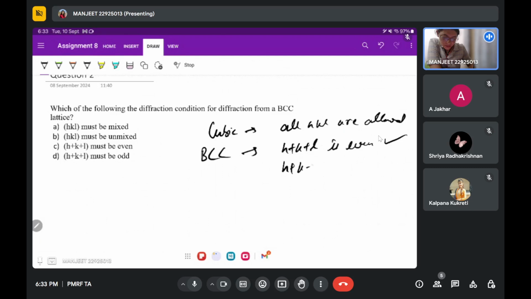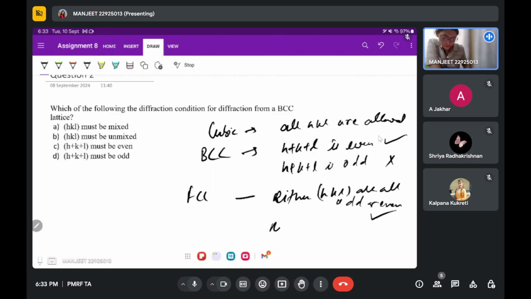If H plus K plus L is odd, then it is not allowed. In the FCC, if HKL are all odd or all even, then it is allowed. If it has mixed behavior, then it is not allowed.